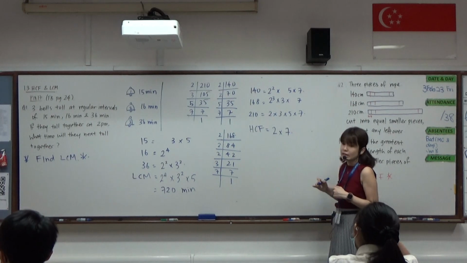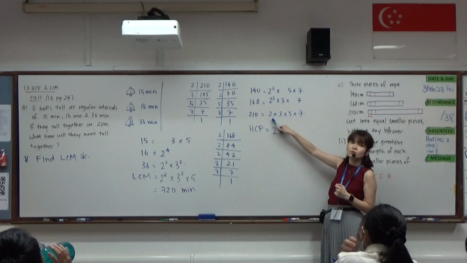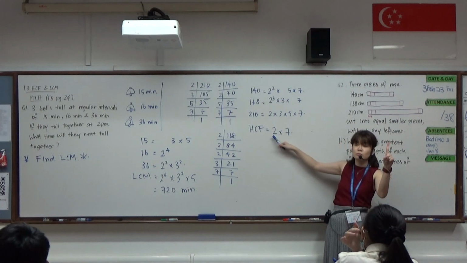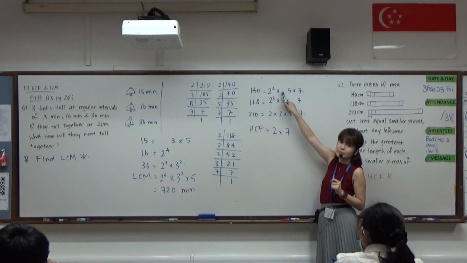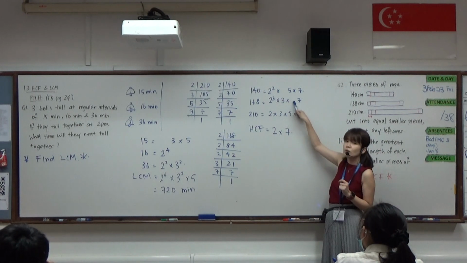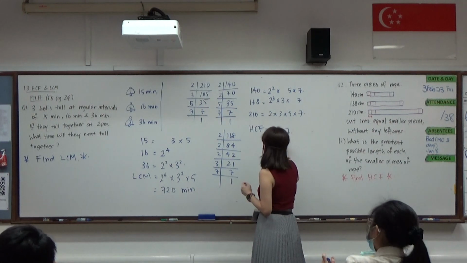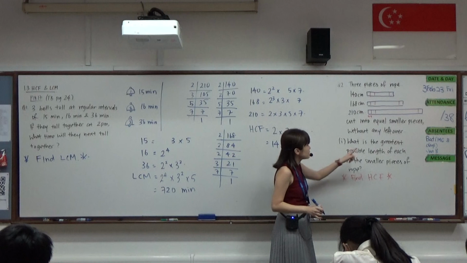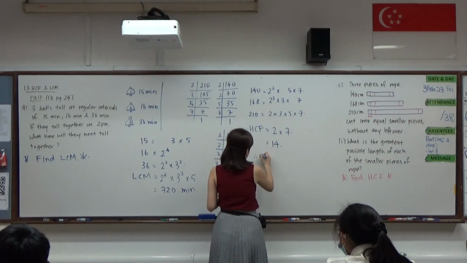Anything more? No more. So 2 squared, 2 cubed, 2, we take out only one 2. 7s, we take out 7. 3 we don't take because it's missing down here. 5 is also missing over here. So our highest common factor is 14. That means the greatest possible length is 14 cm.